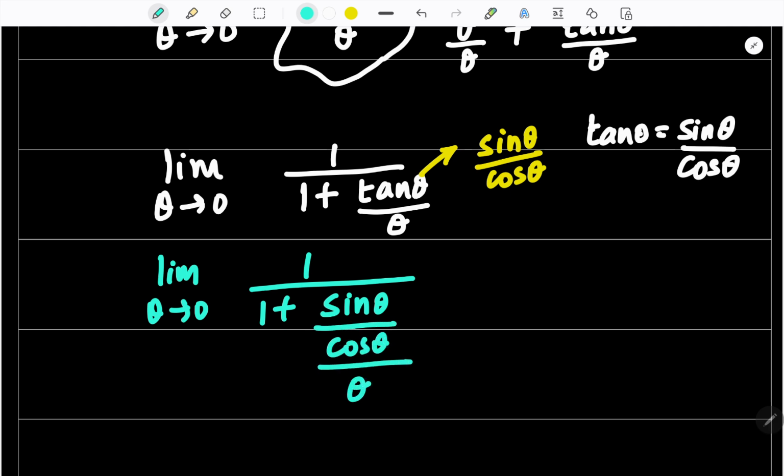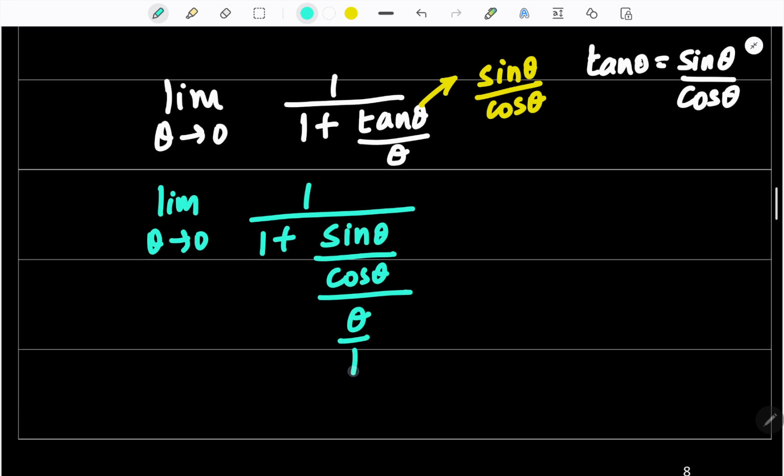So I'll write this as theta by 1. So sine theta divided by cosine theta, multiply theta divided by 1. Correct or not? Let me do this step again because you will find this is difficult.